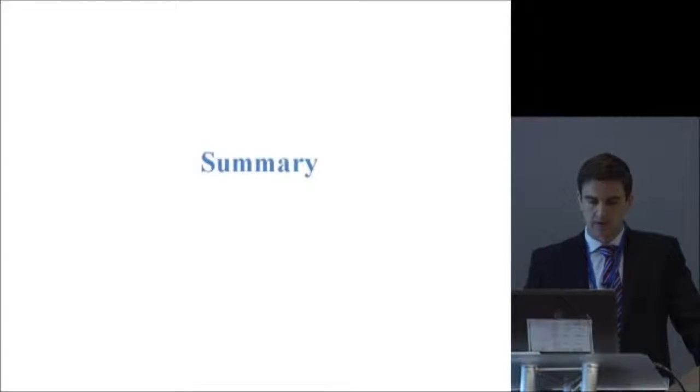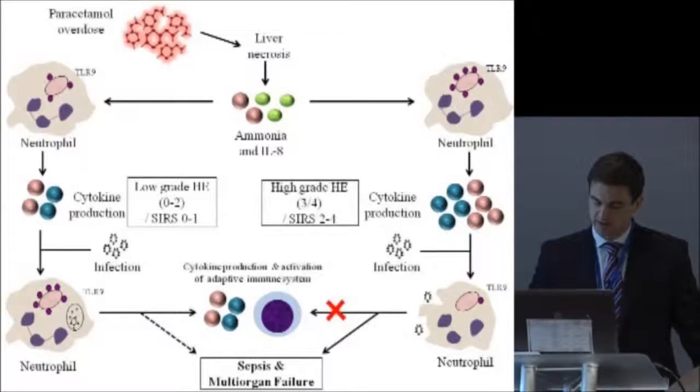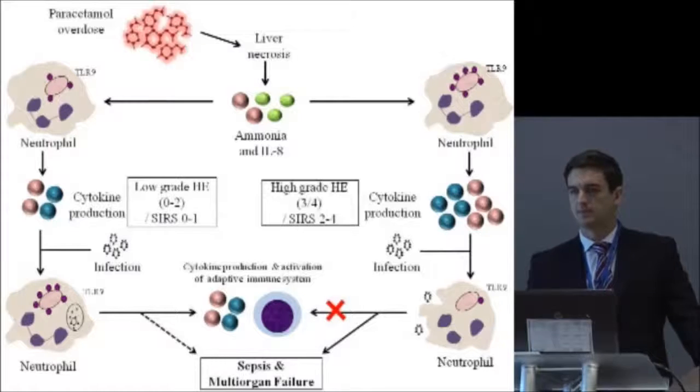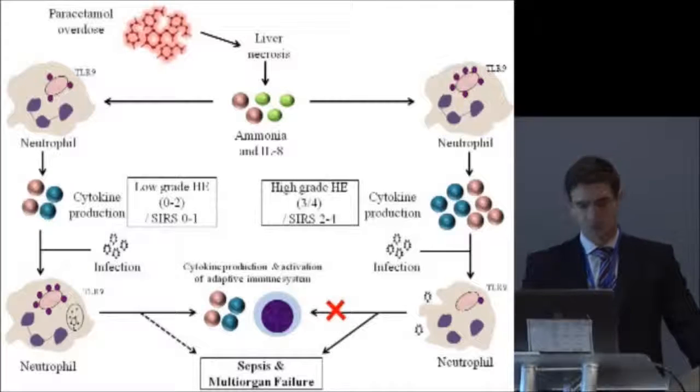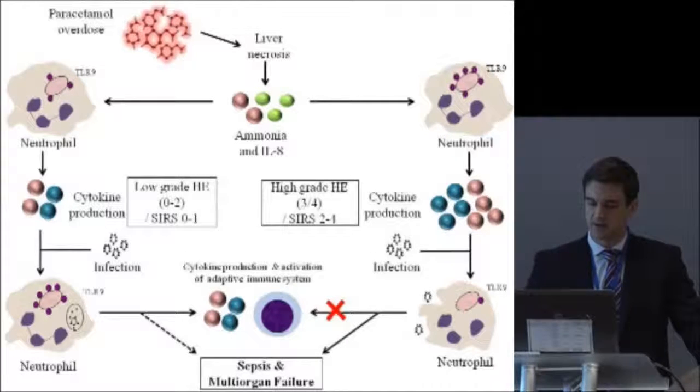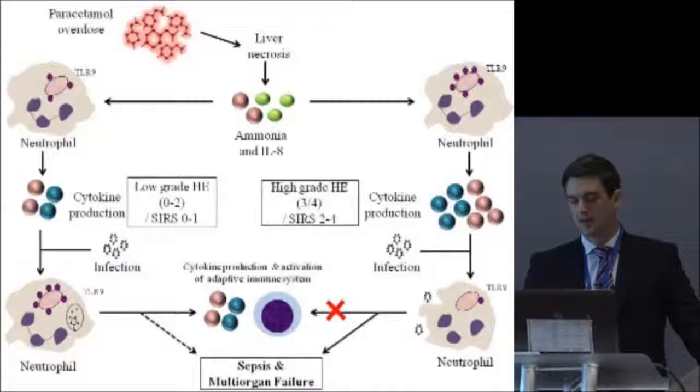So in summary, what I believe we're seeing in paracetamol overdose is that hepatocyte necrosis and the release of hepatocyte products causes a circulating hyperammonemia and a pro-inflammatory state of interleukin 8, which recruits and activates neutrophils, which produce cytokines. What we're seeing is that TLR9 expression is significantly upregulated, and this correlates with the degree of inflammation and the hyperammonemia.